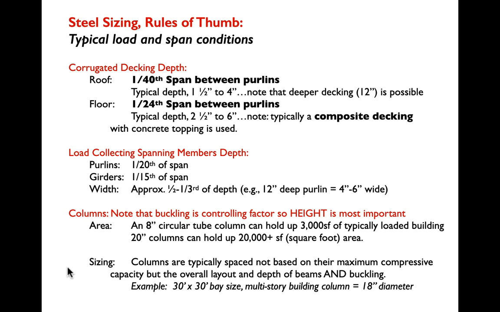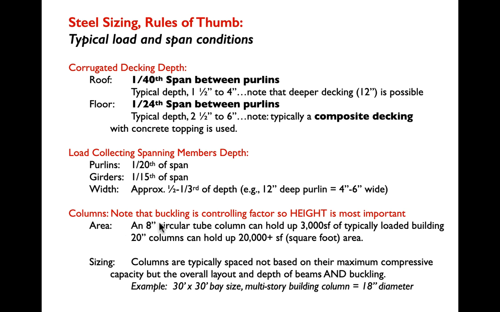When we're designing steel columns, we're more conscientious of buckling maybe than we are in concrete. The height of that column is going to be most important. If we get over sort of 12 or 16 feet, we may find that we need to do the calculations to figure out whether we have a buckling issue.